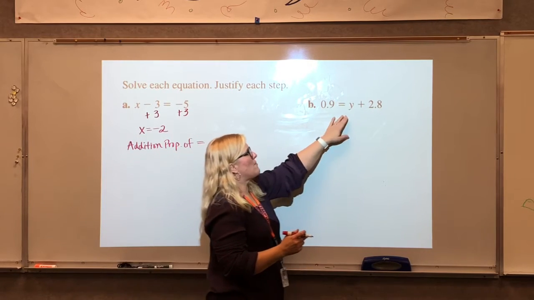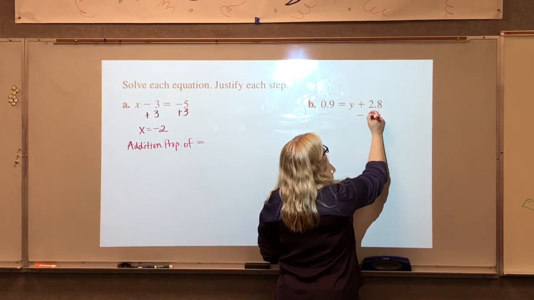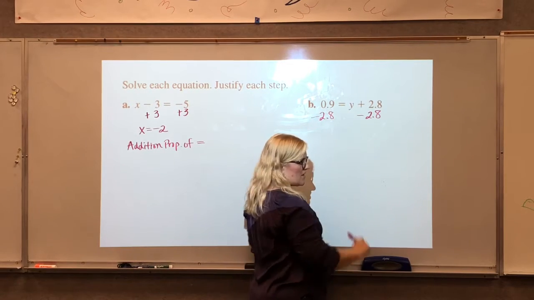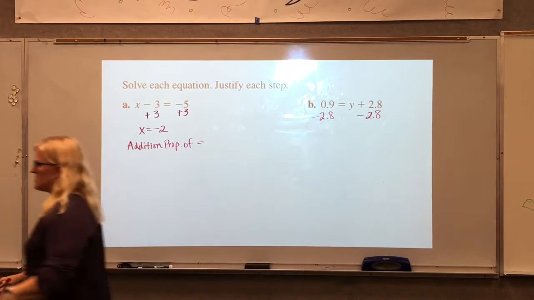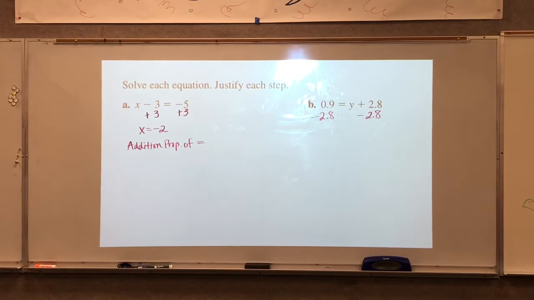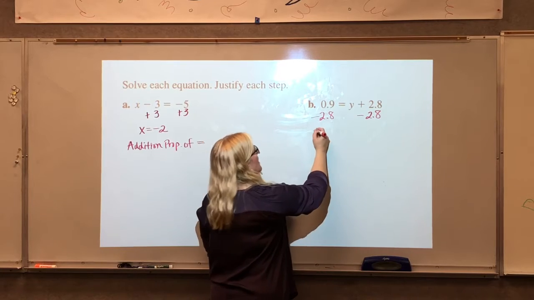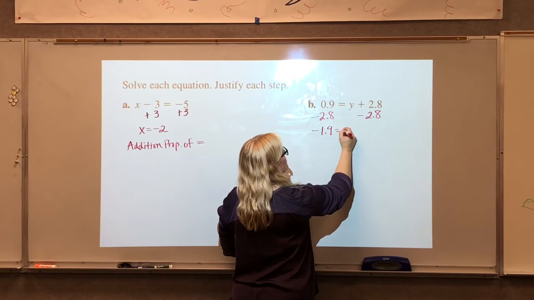All right, so let's go over here. I'm trying to get y by itself. I subtract 2.8 from both sides. Now, I don't know what that is. Let me check really quick on my calculator. I've got 0.9 minus 2.8 is negative 1.9 equals y.